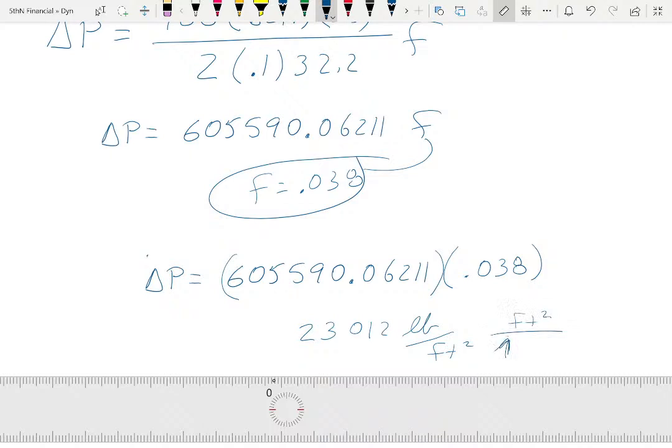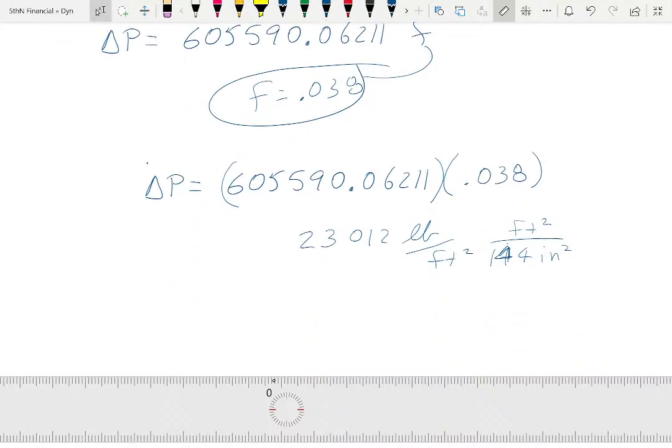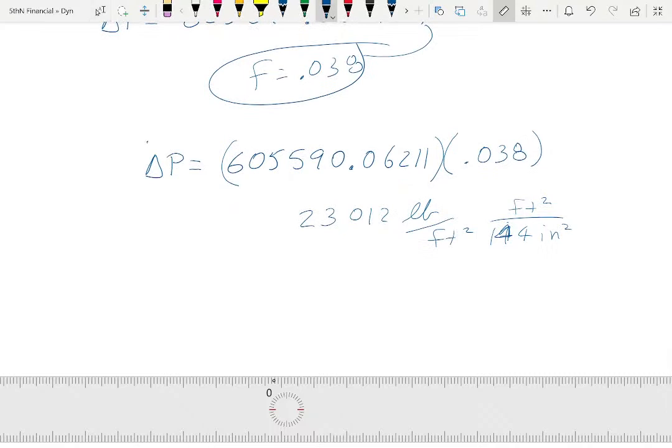Now, I should be able to do this. You think? You know what? I'm going to make it do that too. There are some extra digits up there. Let's try it.